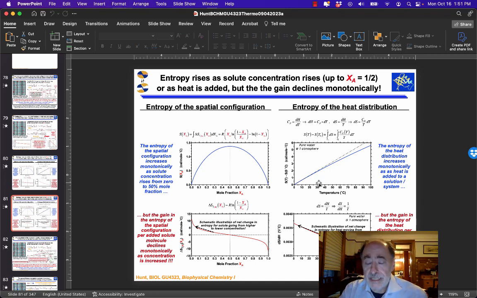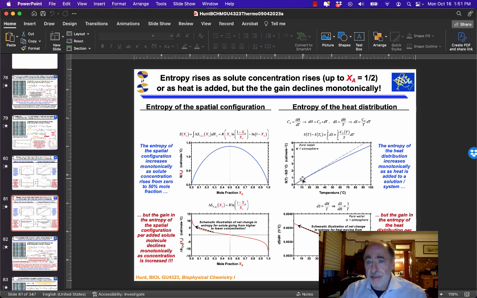Similarly, if you plot the heat entropy, the entropy of the heat distribution in a solvent or a solution, in this case it's actual real thermodynamic data just on water, as you increase temperature, although temperature does not measure heat, to go to higher temperature you have to put in more heat, more ways to arrange the heat, higher entropy of the heat distribution.